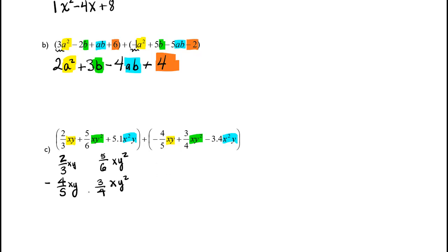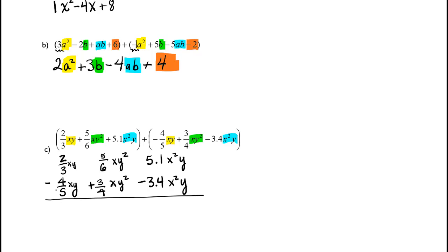And by the way, that's a plus here. So I'm stacking the like terms. And then I have a 5.1 x squared y and a minus 3.4 x squared y. So now I just combine them. I'm going to add them up vertically.